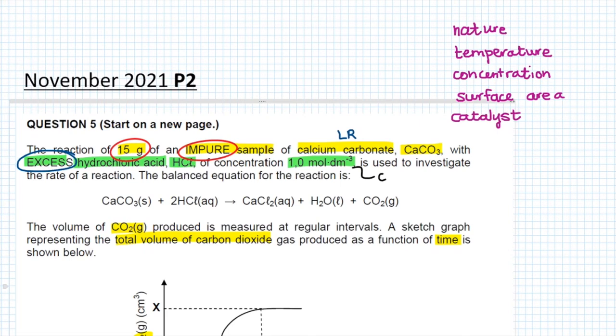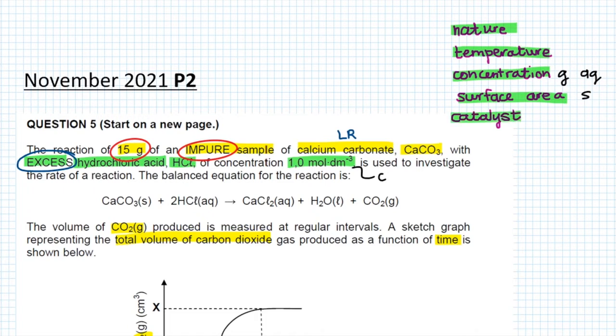There are 5 factors that influence the rate and extent of a reaction. Firstly, we have the nature of reactants, then we have temperature, concentration of gases and aqueous solutions, only gases and aqueous solutions. We have the surface area of solids and the addition of a catalyst.